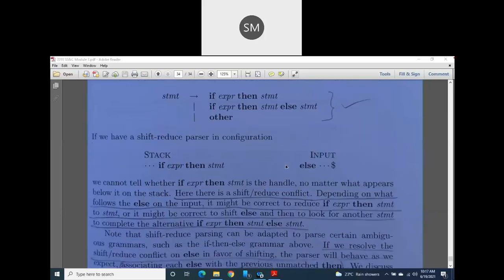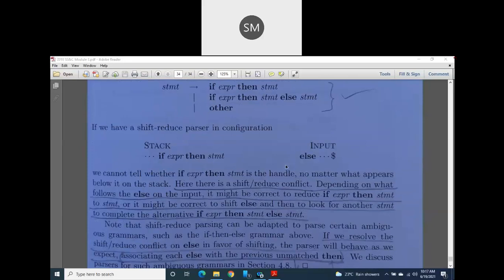So usually the solution for it is you should wait. You means what here? The shift reduce parser. Immediately you should not take a decision that I can reduce this to statement, because still some input characters are there. Let us wait and look into them.